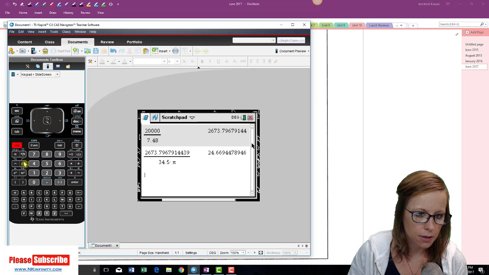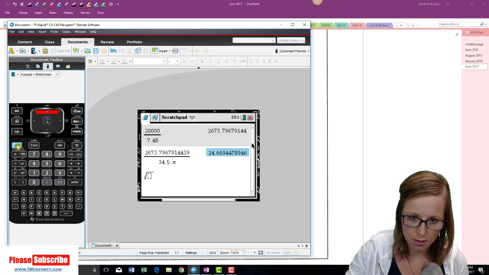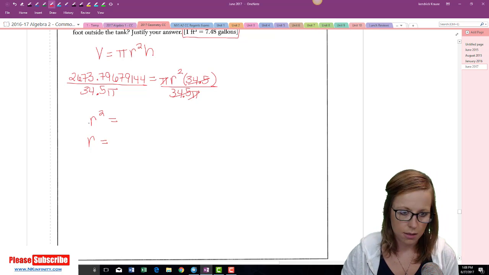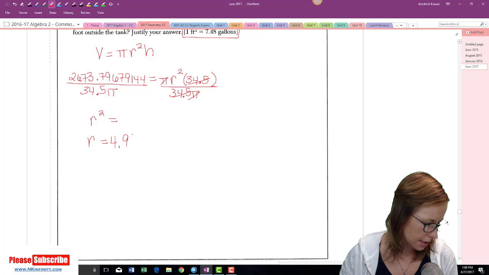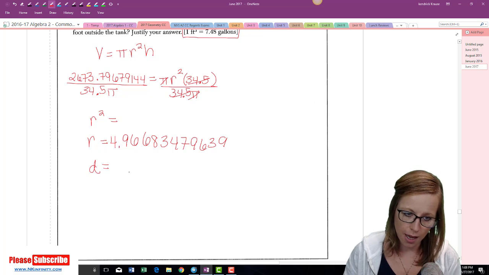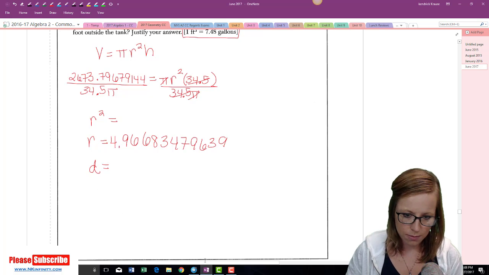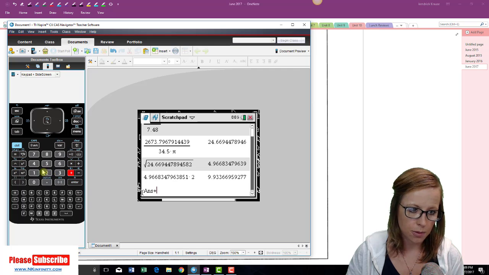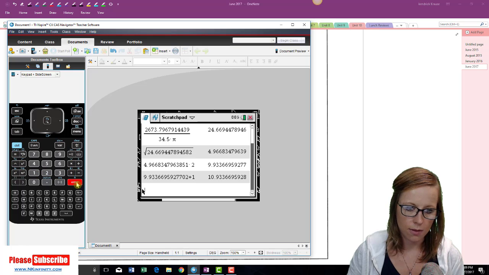Square root of this number is equal to my radius, 4.96683479639. Now the diameter is 2 times that, right? So times 2. And my final answer is plus 1, right?